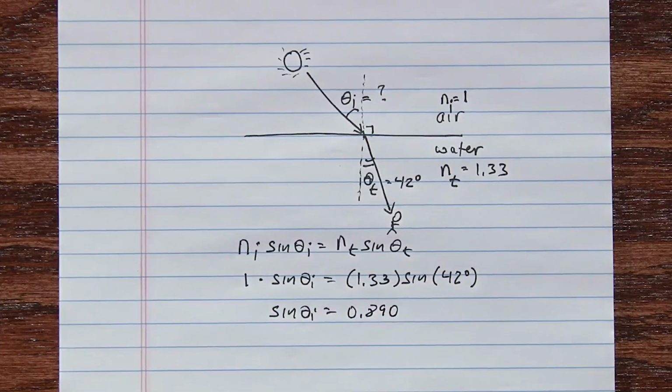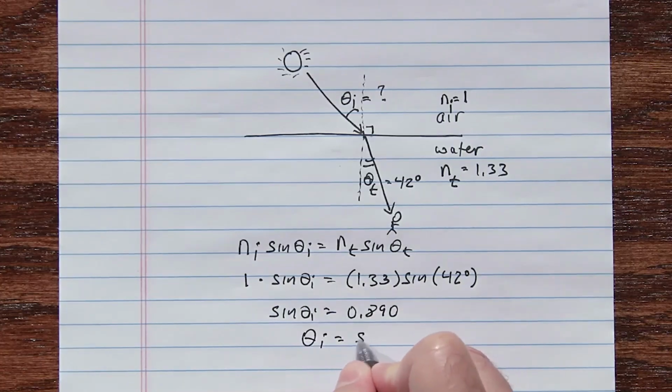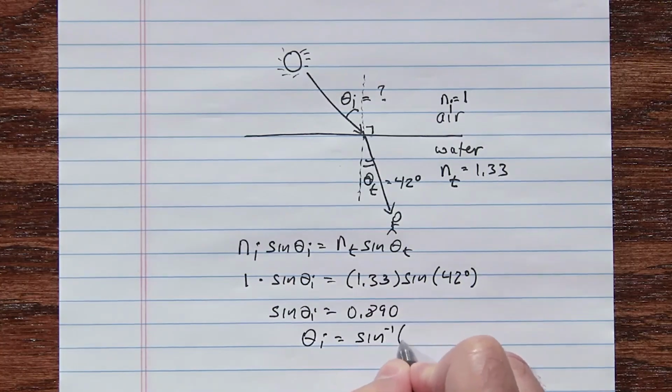So the sine of theta incident is 0.890. What we do now is we take the inverse sine of both sides. The inverse sine of sine theta incident just gives us theta incident, which is equal to sine inverse of 0.890.